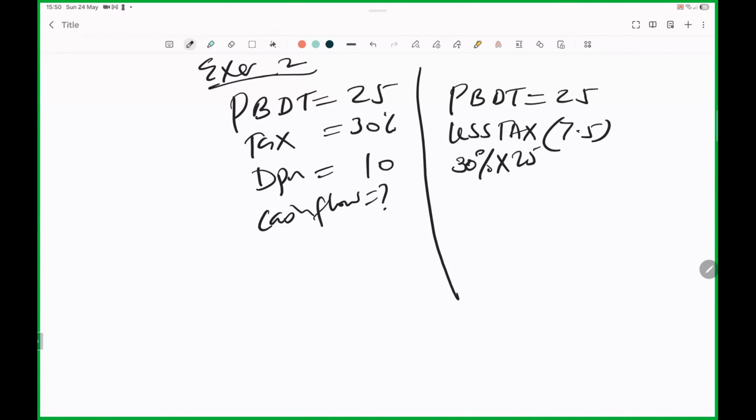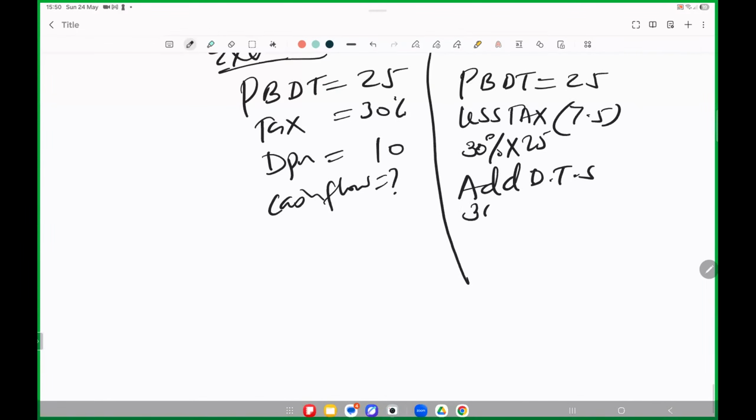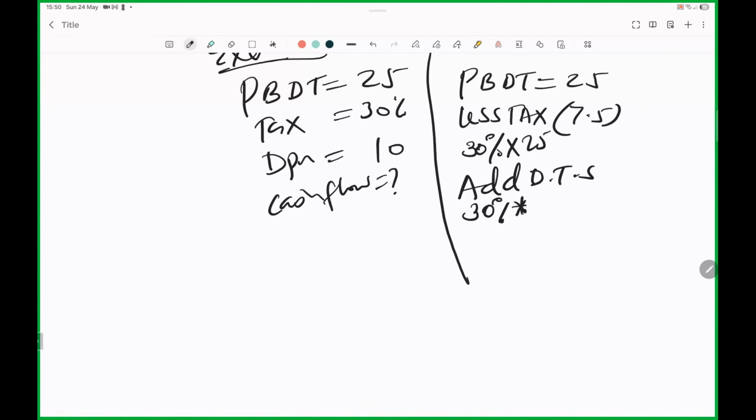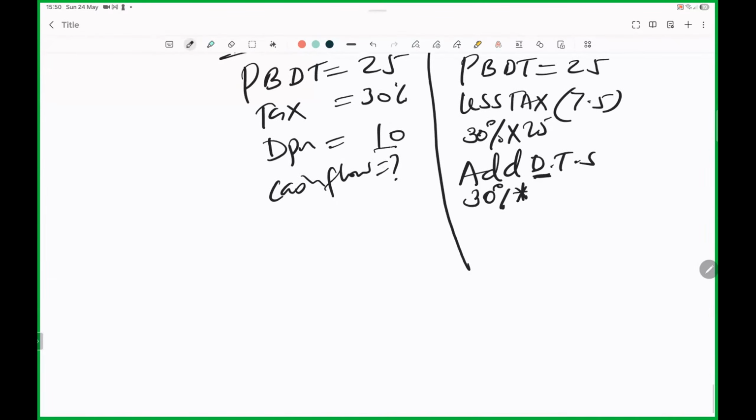This I'm subtracting. And then I add depreciation tax shield. So this one I take 30% times the depreciation itself. Depreciation is 10. So this gives me 3. So that is it. So now you should be able to get cash flow. Joyce is giving me 20.5. Correct, 20.5.